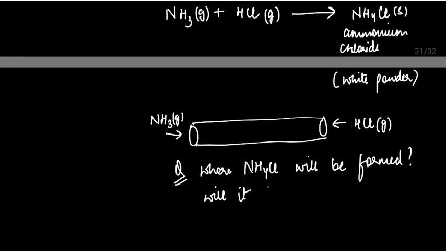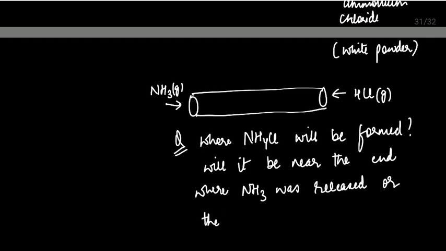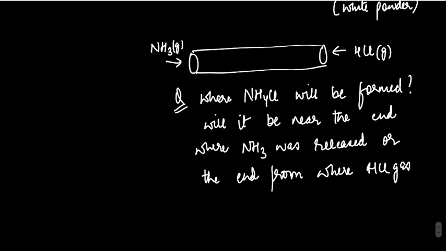Will it be near the end where ammonia was released, or the end from where HCl gas was released?